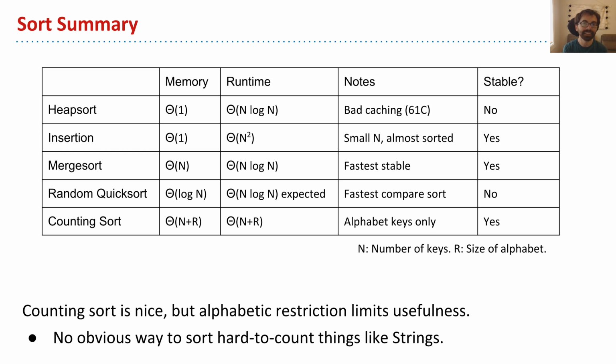It wouldn't make sense because there's an infinite number. And so that means that what we have so far, counting sort's cool, but we couldn't really use it without being a little bit hackish in how we implement it. We couldn't really implement it with strings. And so what we're going to see in the coming videos is how we can generalize counting sort to go even beyond alphabet keys. And that will give us what will be known as a Radix sort.